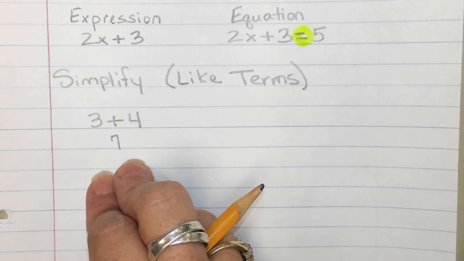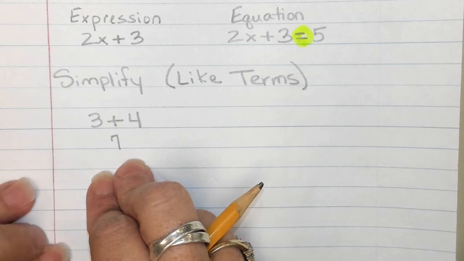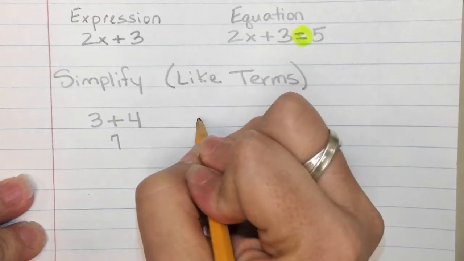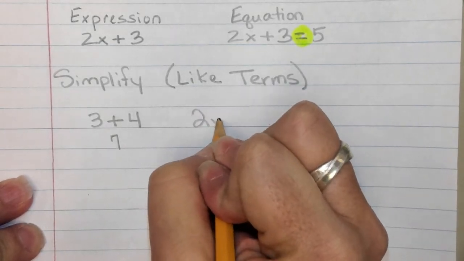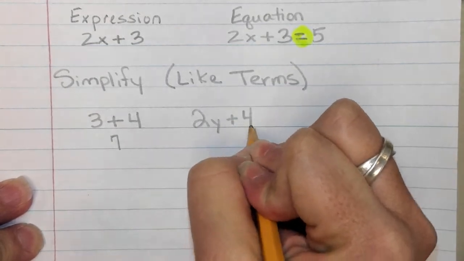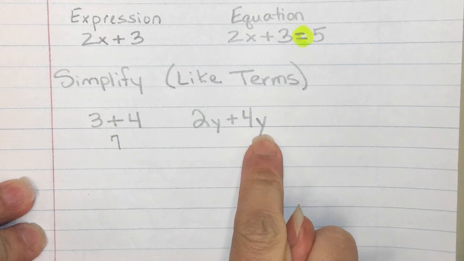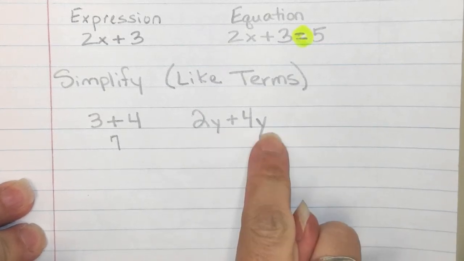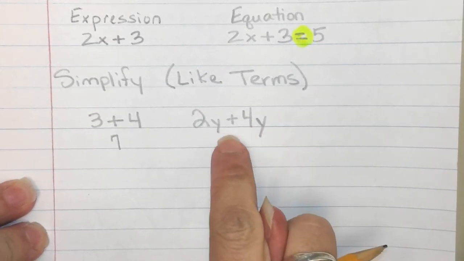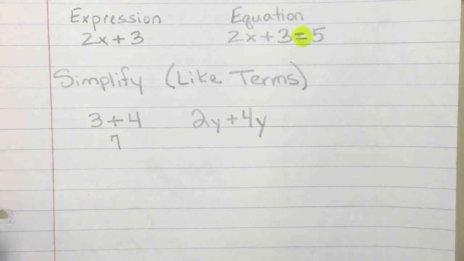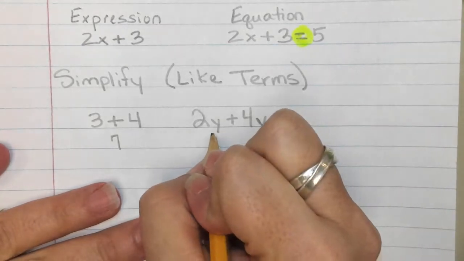But going into algebra with variables, you're going to see things like this, something like 2y plus 4y. And instead of writing 2y plus 4y, we need to put them together. These are like terms because they both have a y. We can put them together. So that really is 6y.